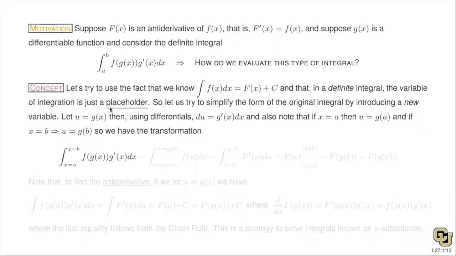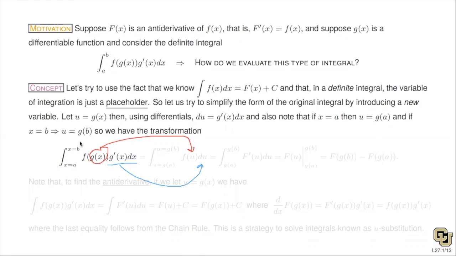So transforming the variable in the integral, look what happens. We go from the x variable, integral from a to b, f of g of x, g prime of x dx. I'm going to replace the g of x with u. I'm going to replace the g prime dx with du.